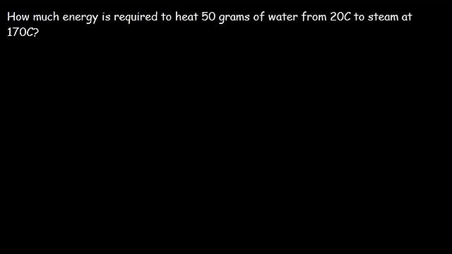Now what about this one? How much energy is required to heat 50 grams of water from 20 degrees Celsius to steam at 170? And the heat capacity of liquid water is 4.184.